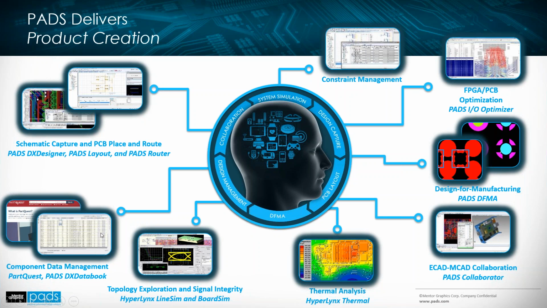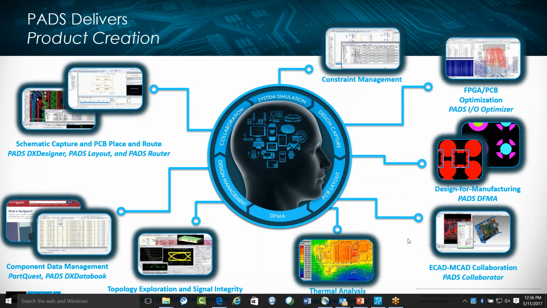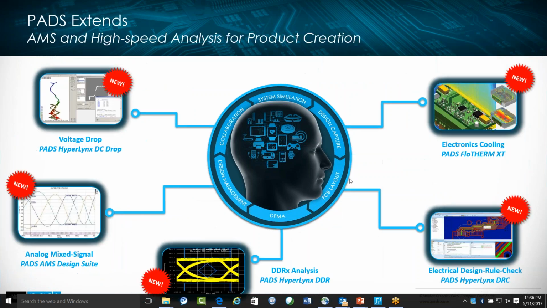So we have DataBook for data management, we have constraint management, so you can put your constraints into that spreadsheet and drive the printed circuit board process. And we also have links to other capabilities for design for manufacturing and ECAD and MCAD collaboration. So it's an entire suite of tools.